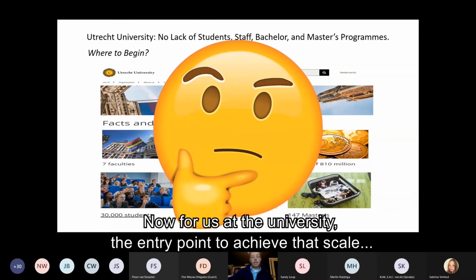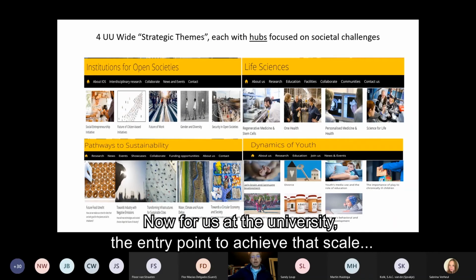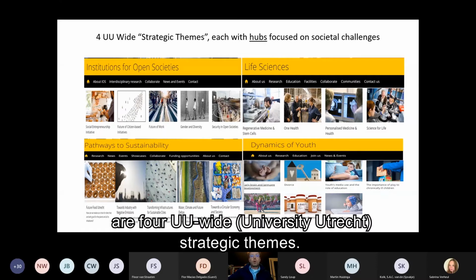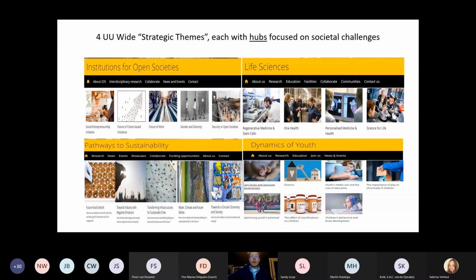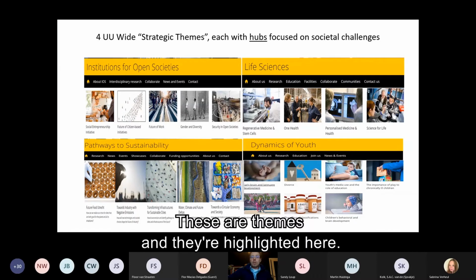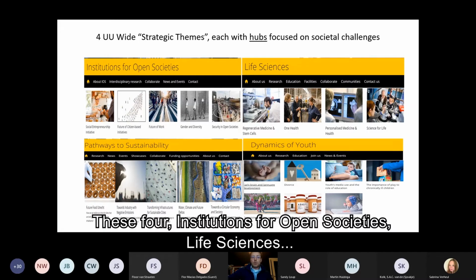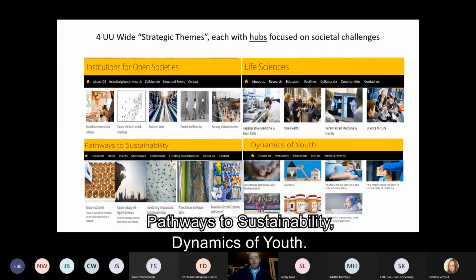Now, for us at the university, the entry point to achieve that scale are 4 Utrecht University-wide strategic themes. These are highlighted here: Institutions for Open Societies, Life Sciences, Pathways to Sustainability, Dynamics of Youth.